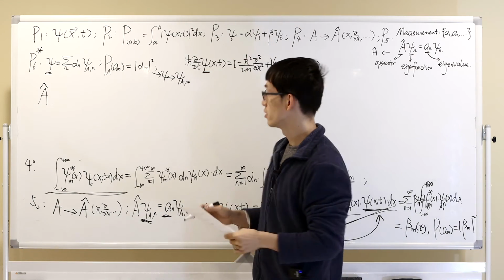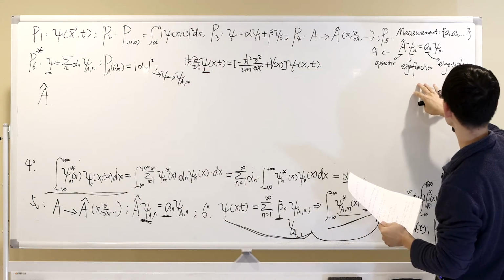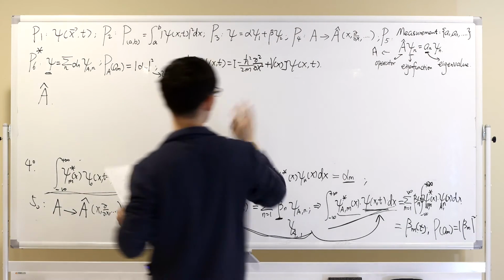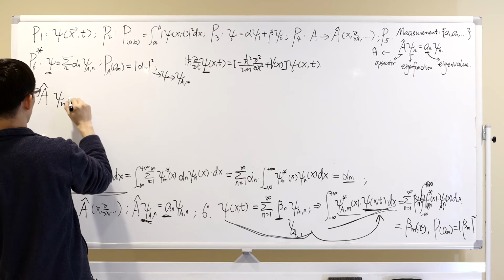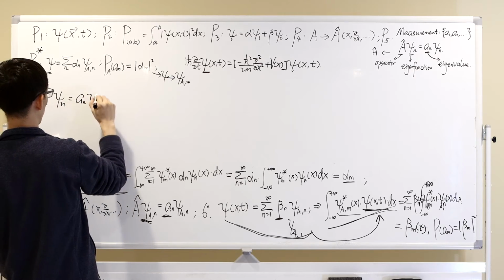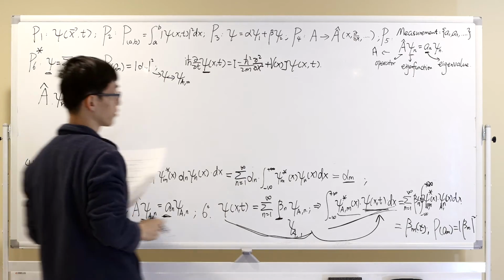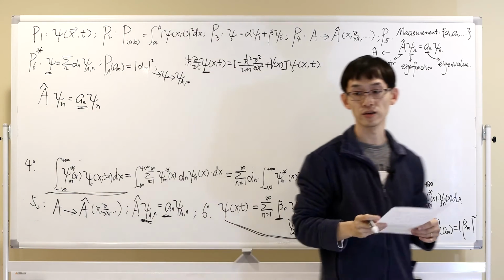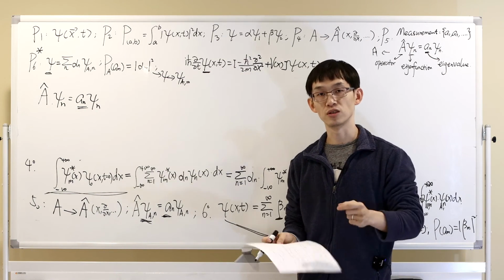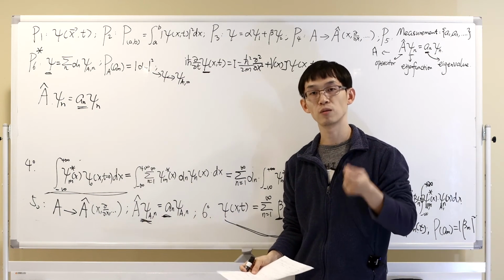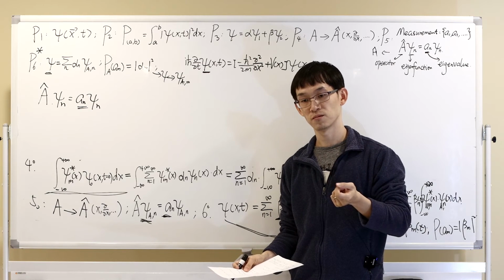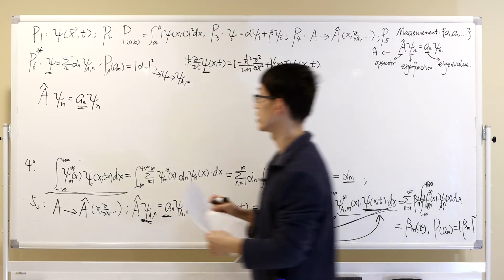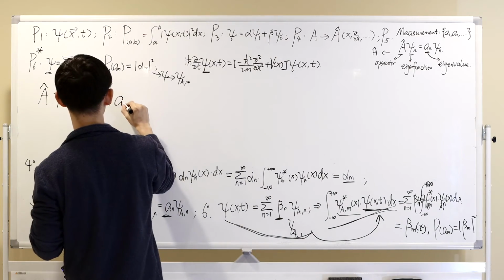If you look at the postulate, it says that all the possible results of the measurement are given by your eigenvalues. And we know that a measurement result can only be a real value. It cannot be a complex number. It has to be a real number. So a_n has to belong to the real numbers.